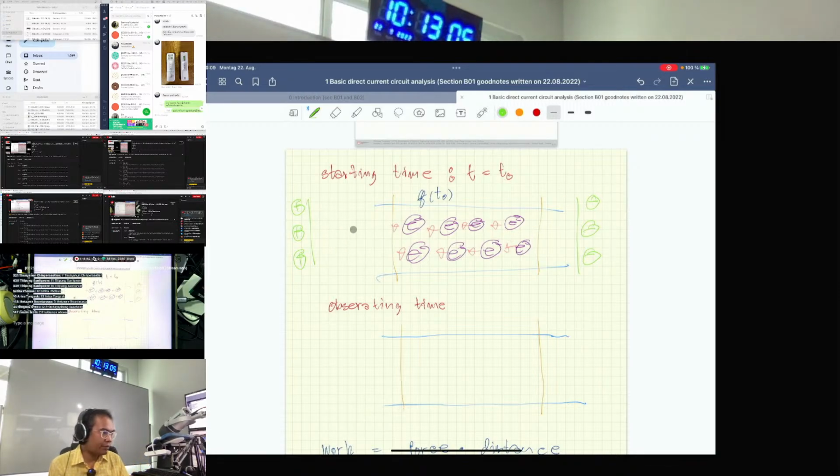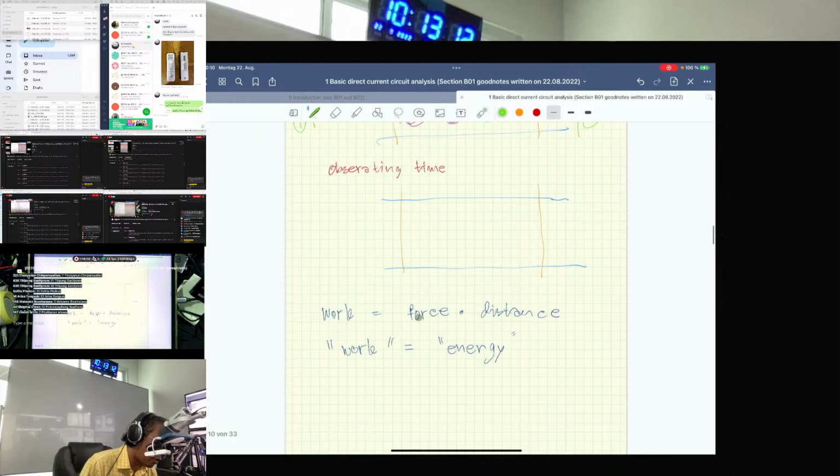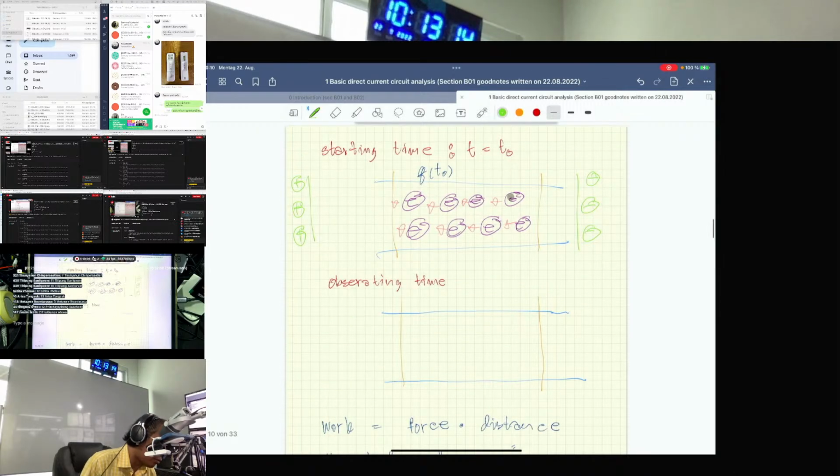Okay, and there will be energy, right, according to force times distance. Someone moves this electron to be here, so it's work actually. So the work at time t0 is going to be called W at t0.